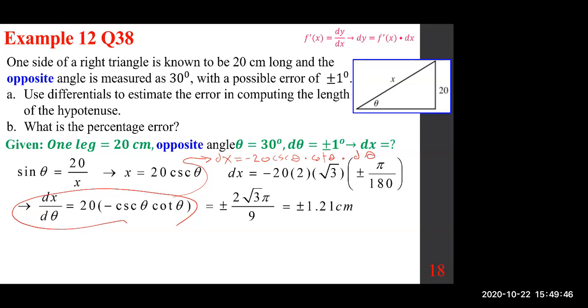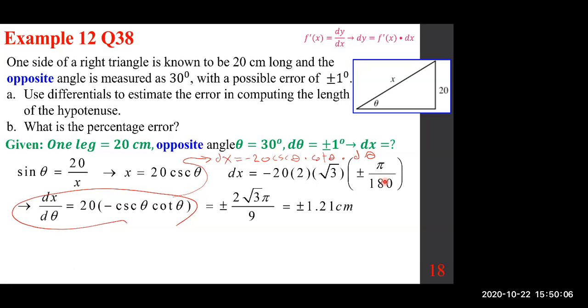Put this one, class. And now this one is cosecant theta being 30 degrees or pi over 6. This is cotangent of 30 degrees or pi over 6, and then plus minus 1 degree is pi over 180.